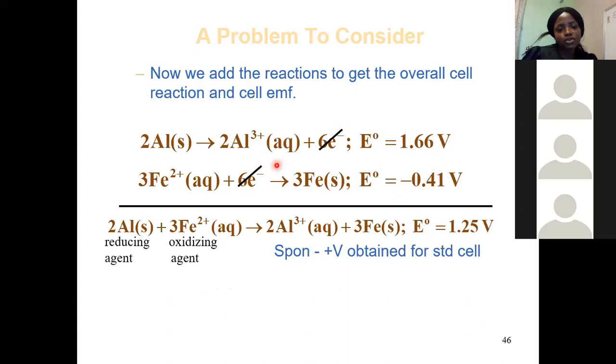This 6 electron has gone out to give 2 aluminum 3+ plus 3 Fe, and then you can add the two. Notice that when we multiply the first equation by 2, this value is still the same. We didn't multiply it by the number of electrons or by the value with which we balanced the number of electrons. So this is 1.25 like we got. Now let's look at if we want to say E cathode minus E anode. Let me take it back to the board.